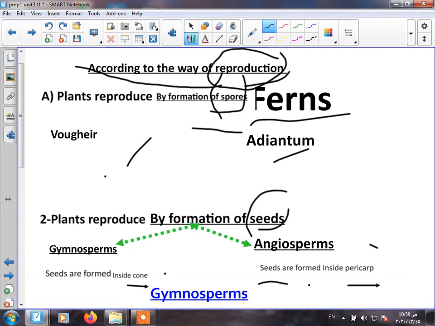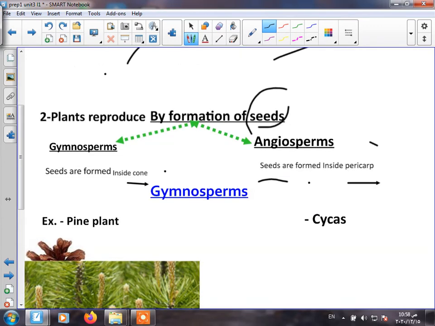The plants that reproduce by formation of seeds are divided into gymnosperm and angiosperm. Gymnosperms form their seeds inside a cone, while angiosperms form their seeds inside a pericarp.